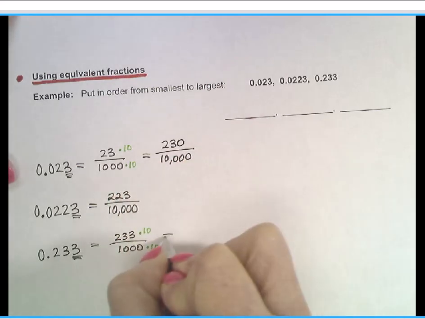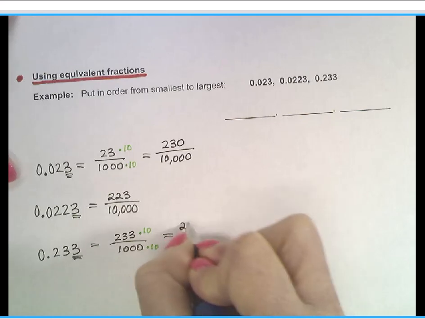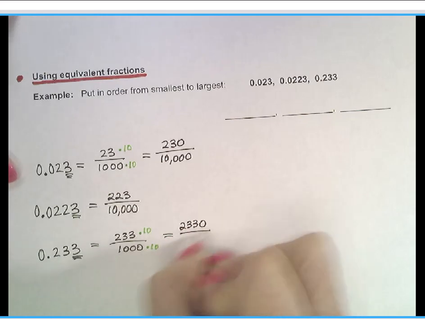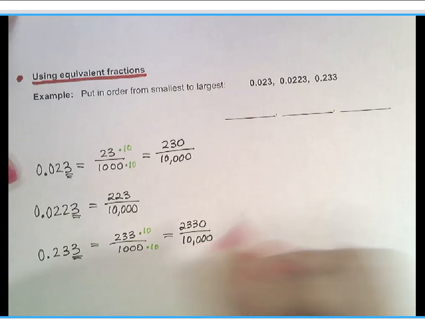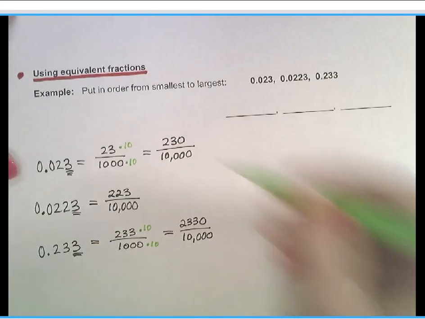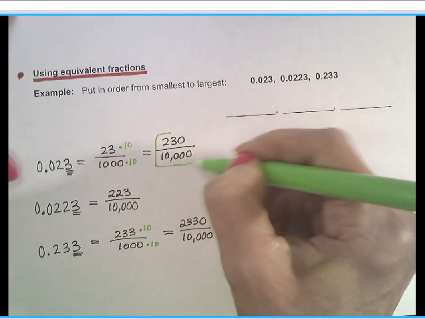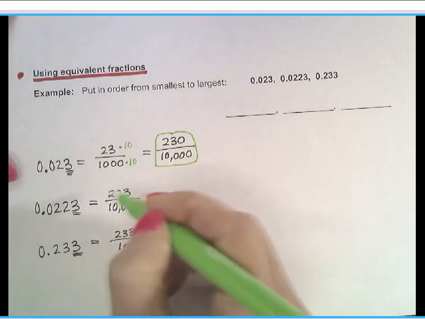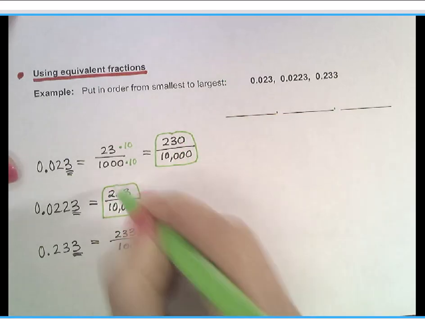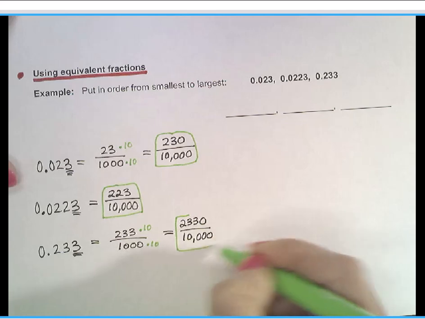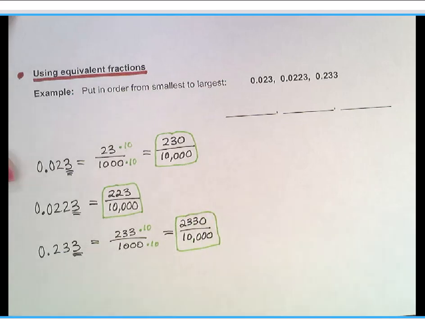And down here at the bottom, we're going to have 2,330. Okay, now let's see. We're comparing 230 to 223 to 2,330.